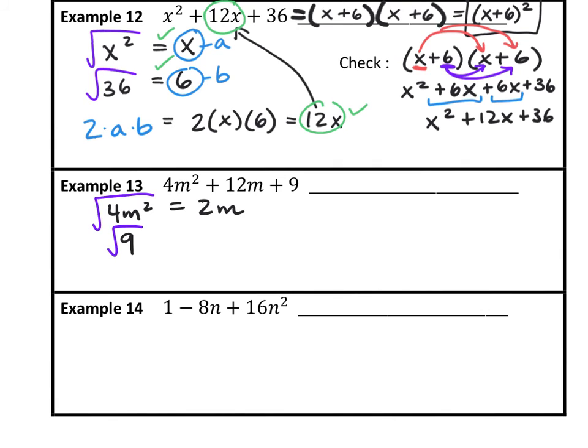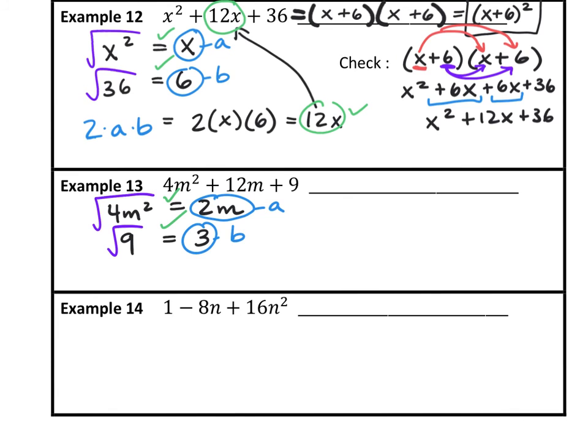Can I take the square root of 9? Yes, that's 3. So this is like my A and my B. And so I'm going to check. So far I got checks on the first 2 steps.